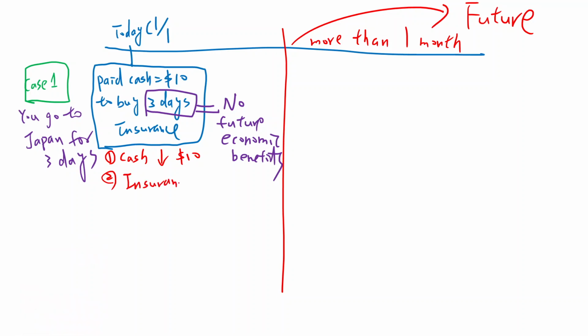Insurance expense, 保险费用, increase $10. So when you do something without future economic benefit, we will say that's our expense. Okay?